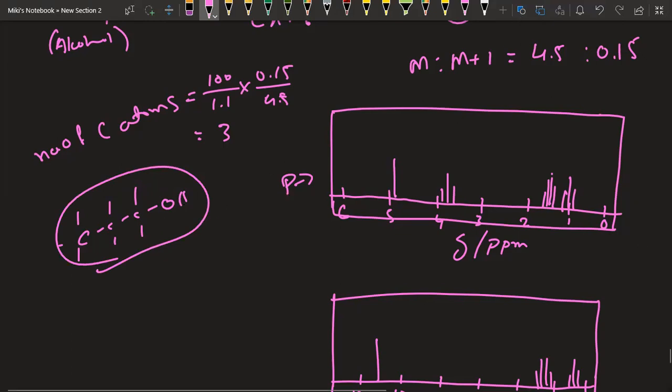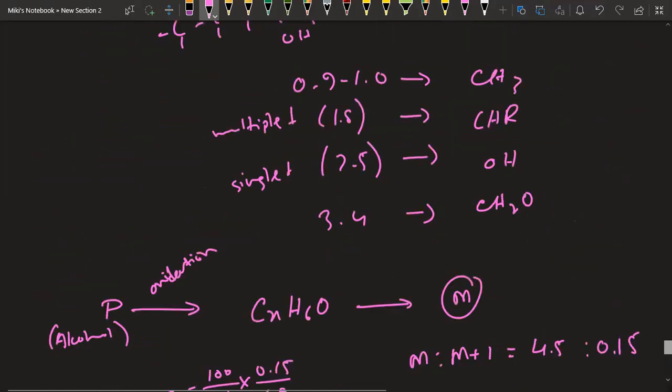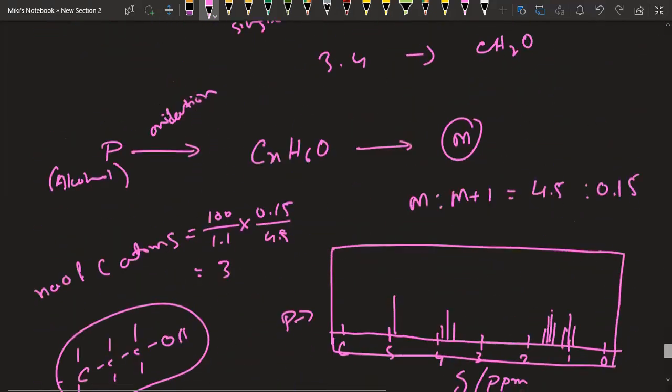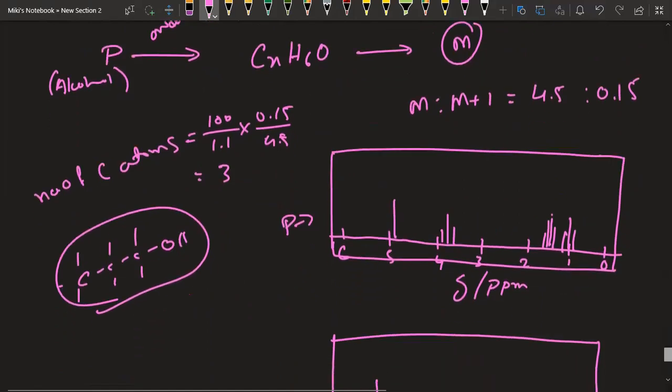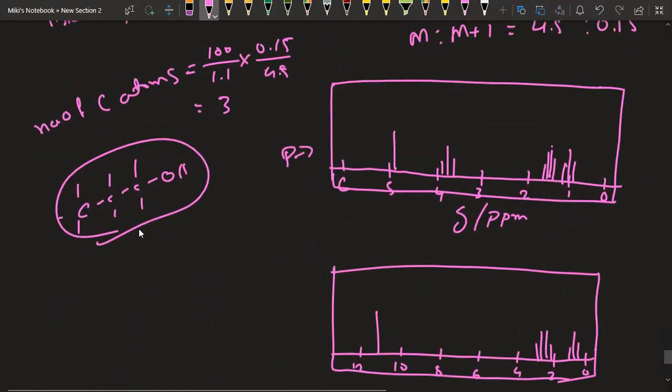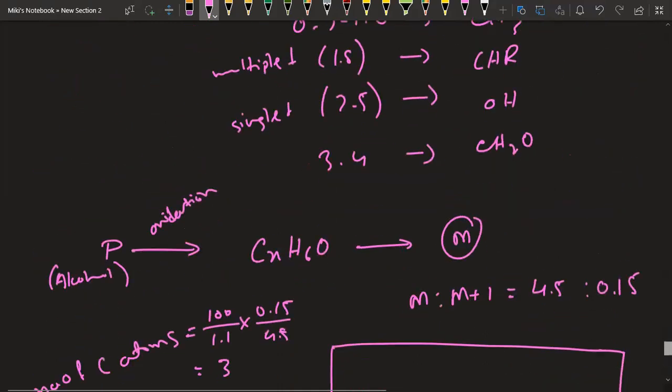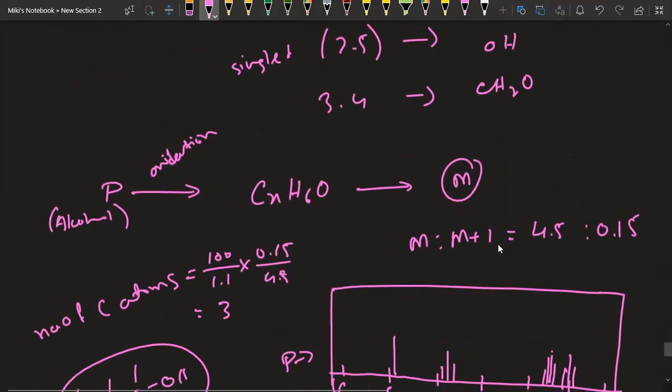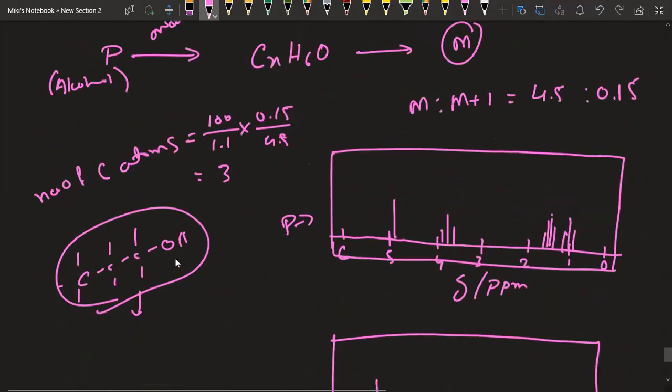And they're saying we are doing some oxidation. We're getting CXH6O. After oxidation, we know alcohol is oxidized to get what? If this is a primary alcohol, okay, let's do some other thing. Let's see, there could be a secondary alcohol, isn't it?